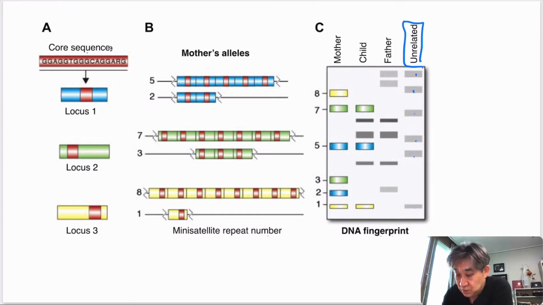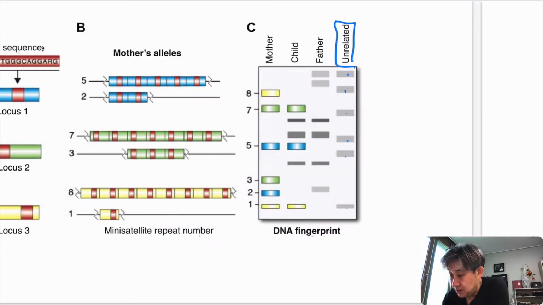Don't you worry, this was only the example of 3 locuses, but there are so many different locuses over many different unique repeat patterns. So no two people will share exactly identical such fingerprint pattern revealed by this probe, some specific probe, is the whole idea.